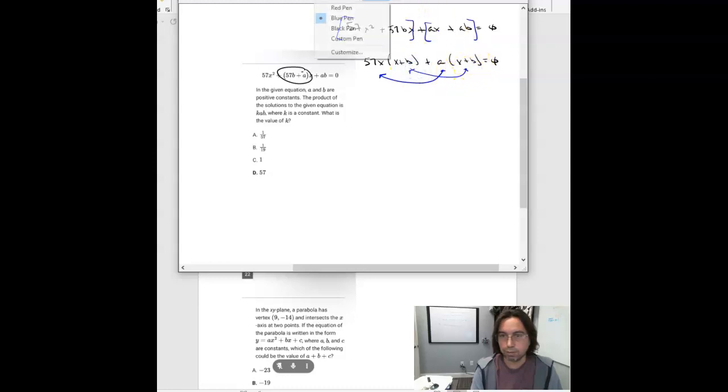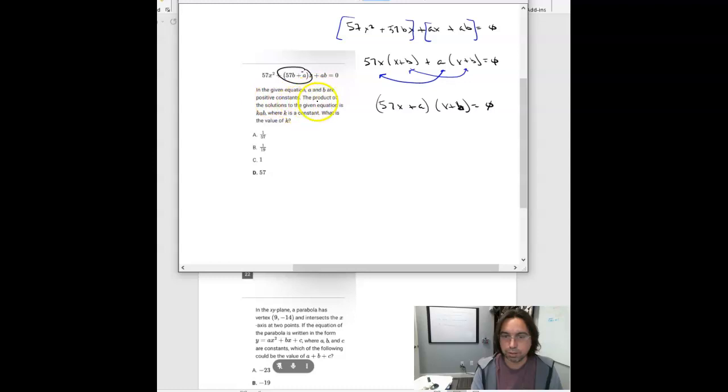So now we can rewrite this equation as (57x plus a) times (x plus b) equals 0. What's being said to us is that in the given equation, a and b are positive constants.